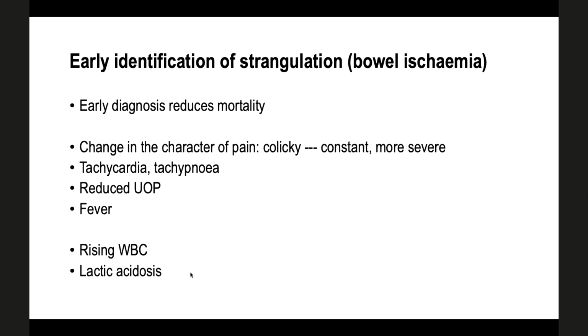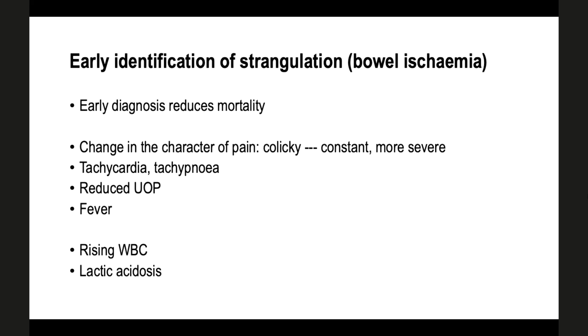And a very important indicator of bowel ischemia is lactic acid. In our setup, the way to assess lactic acid is with an arterial blood gas analysis. An arterial blood gas analysis will tell us what the serum lactate is, because if there is bowel ischemia, the lactic acid starts going up. But remember, you can have significant bowel ischemia in certain conditions even without a rise of lactic acid in the blood.